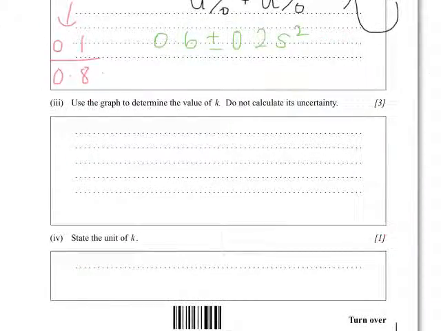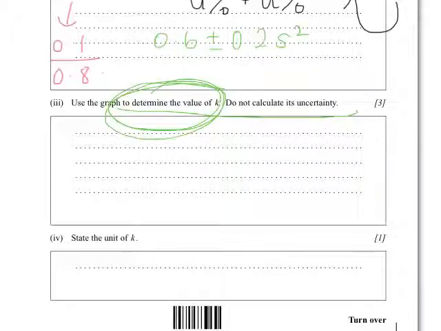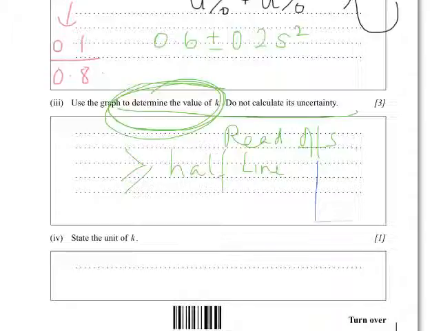Okay, the next question, use the graph to determine the value of k without the uncertainty. So I can't flick back to the graph to just give you some guidance. Make sure your read-offs are clear so that it can be looked at by the examiner, and make sure they take up more than half the line. If you're not sure what that means, if I sketch it out here, here's the line.